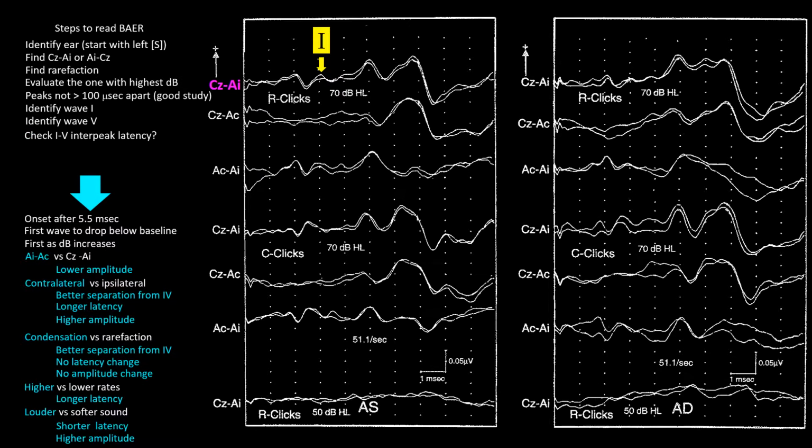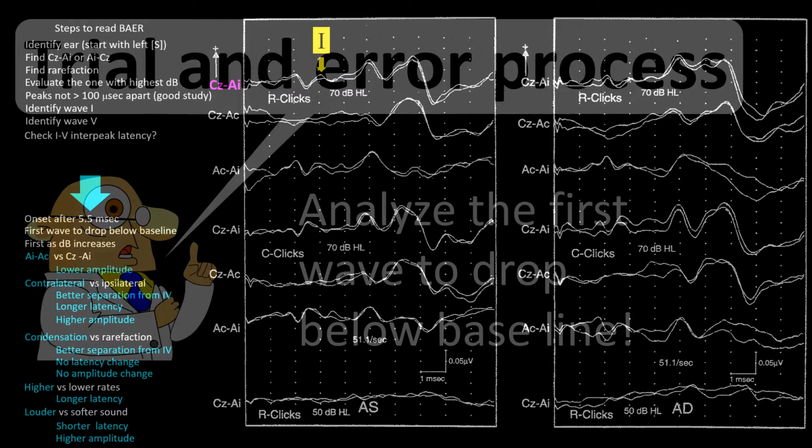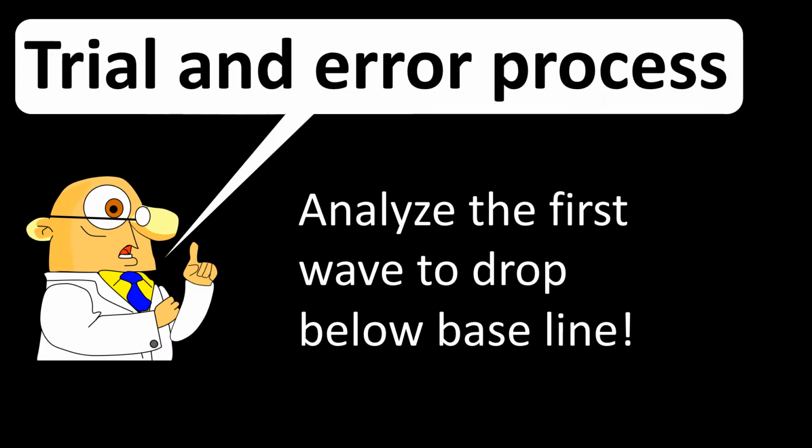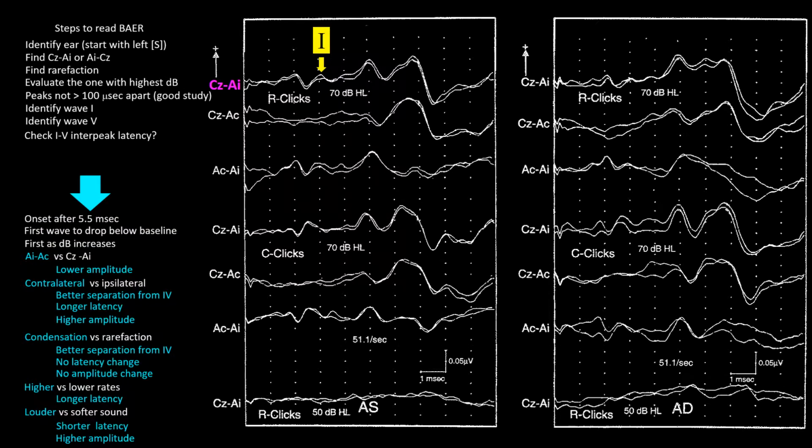Listed under the aqua arrow are the main items that help the identification of wave 5. Again, the process starts by choosing which wave to analyze first. In most cases, the best choice is the first wave that drops below baseline, which I have just identified in this frame.